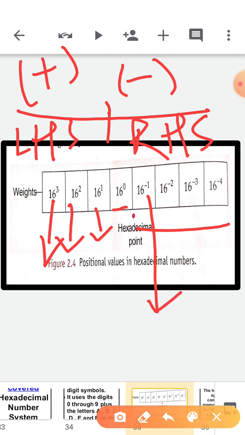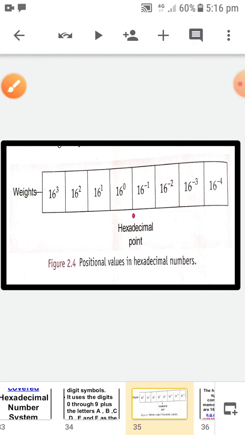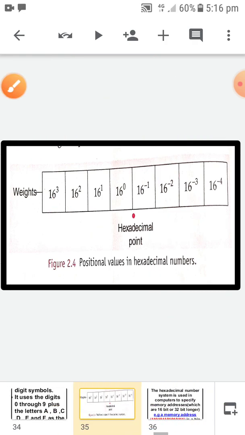So here 16 power minus 1 is your 10th place. Then you are having the 100th place, that is 16 power minus 2. Then the 1000th place, that is 16 power minus 3. Then the 10,000th place, that is 16 power minus 4. I hope you are getting my point.